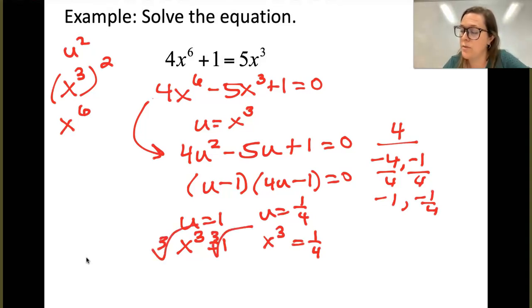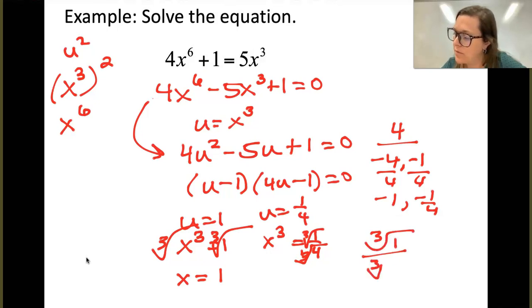The cube root of 1 is 1. Not plus or minus 1, just 1. The cube root of 1/4. That one's not quite as nice, is it? No. So let's think about this. So the cube root of 1 over the cube root of 4. Cube root of 1 is 1, but now I'm left with the cube root of 4.